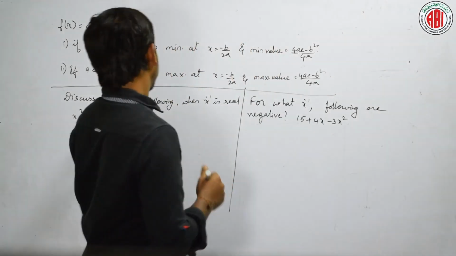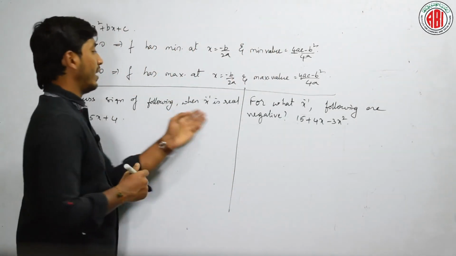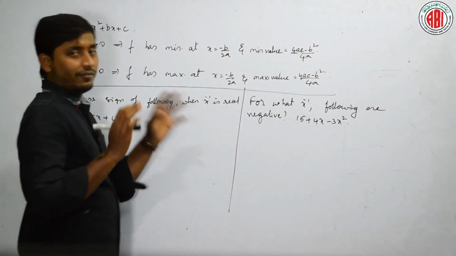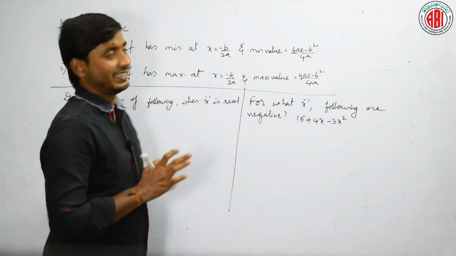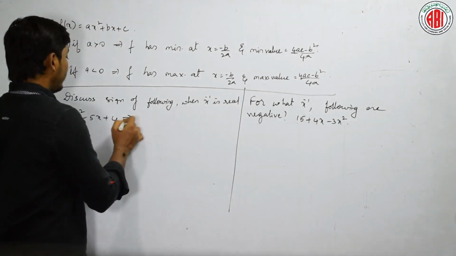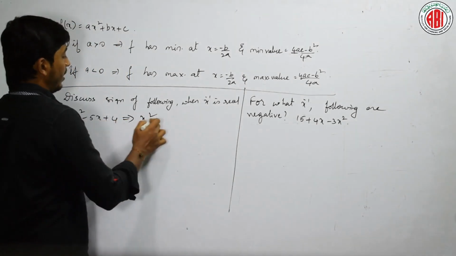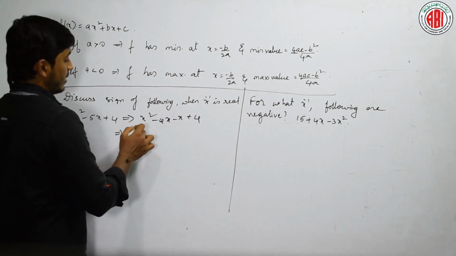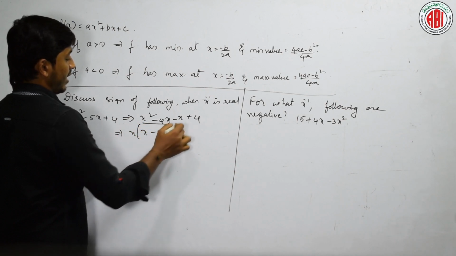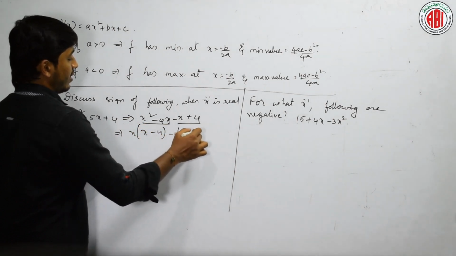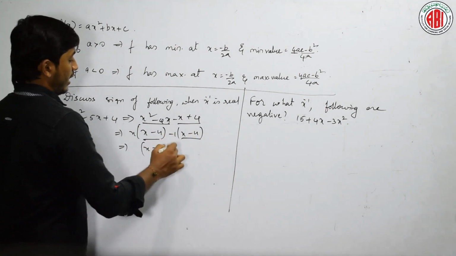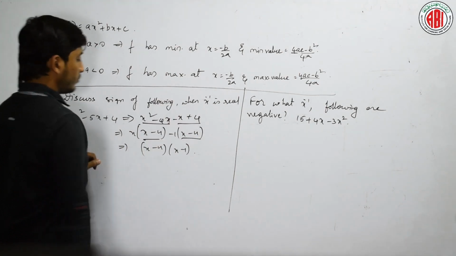The first question is, discuss the sign of the following when x is real. Whatever you do, first we have to factorize it. So, this will be x square minus 4x minus x plus 4. If I take x as common, this will be x minus 4; if I take minus 1, this will be x minus 4; x minus 4 is common, I will get x minus 1.